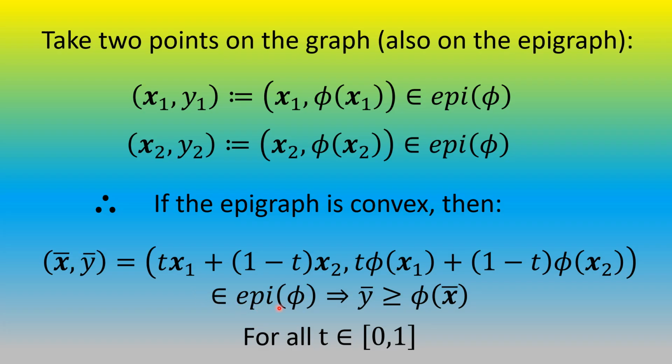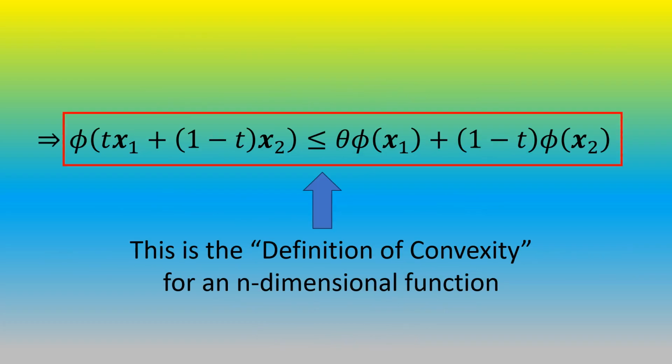It's a member of epi of phi because it is convex, which implies that y bar is greater than or equal to phi of x bar for all t as a member of 0, 1, because it's convex. And because y bar is greater than or equal to phi of x bar, you have this expression over here. This is y bar, this is phi of x bar. So that's the definition of convexity for an n-dimensional function. And that is it.